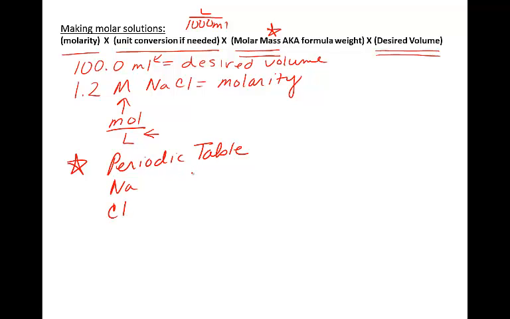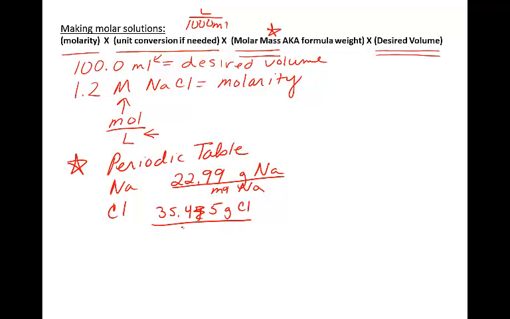So sodium has a molar mass of 22.99 grams of sodium per mole of sodium. And then chlorine has a molar mass of 35.45 grams of chlorine per mole of chlorine.